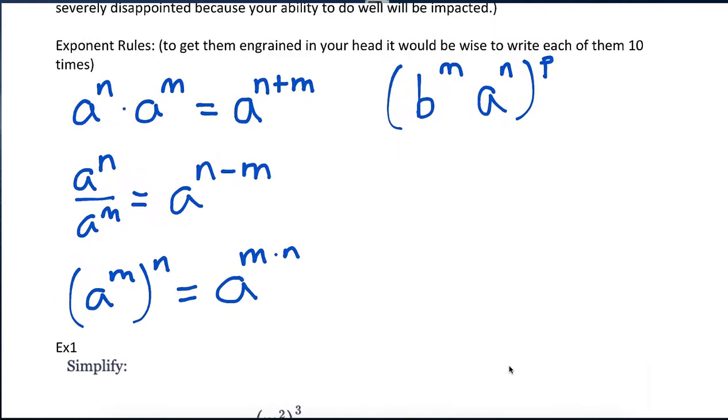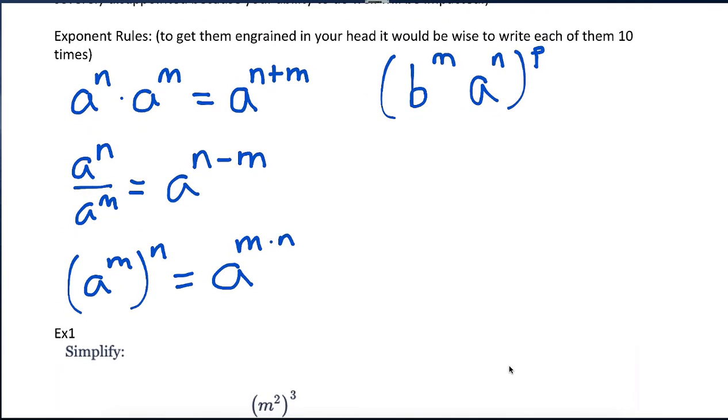If you have something like that, you can write it as b^(m times p), a^(n times p). So in that situation, when it's written just like that, and there's multiplication in between the a and the b, you just distribute the exponent.